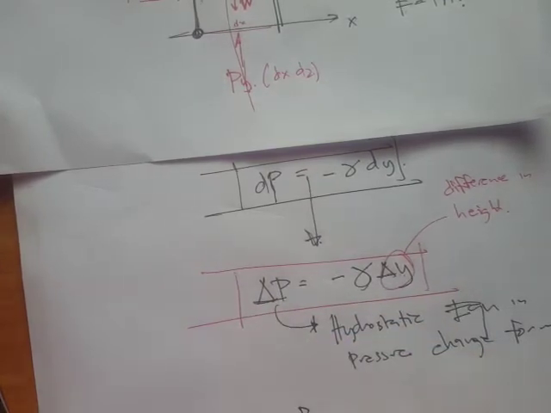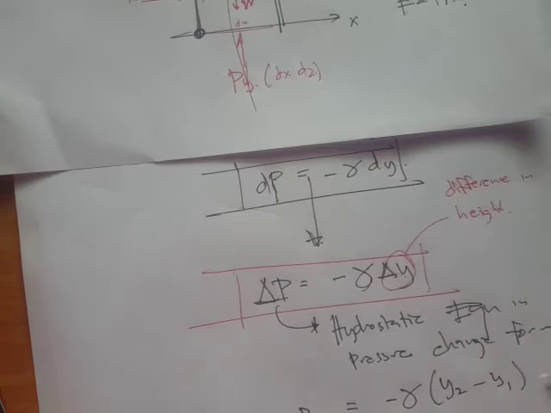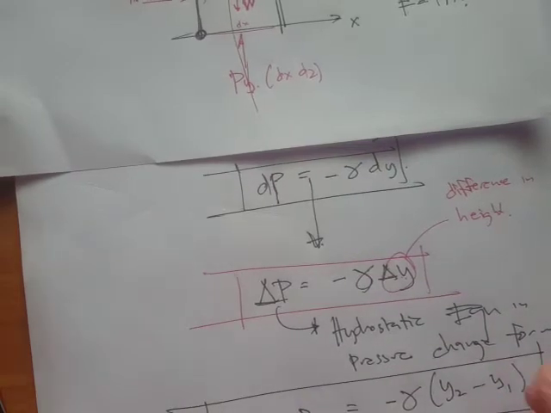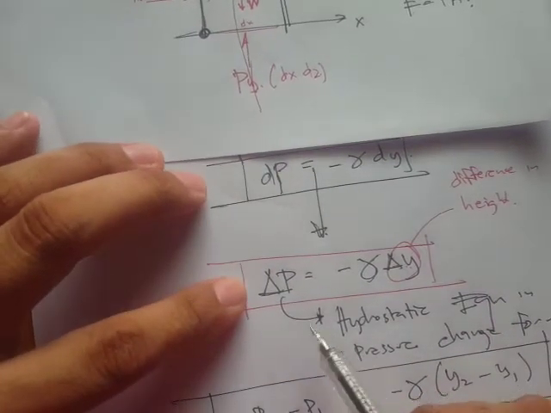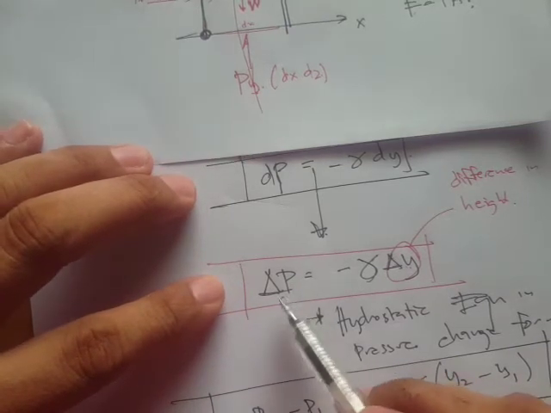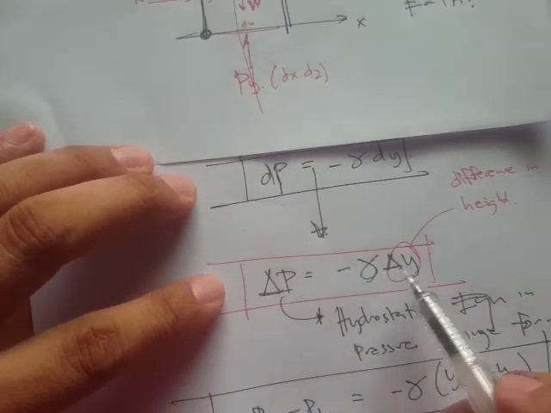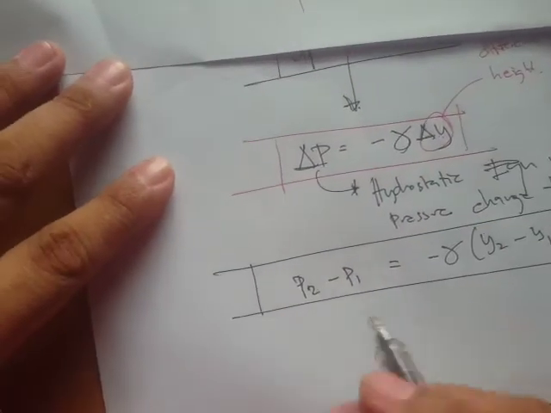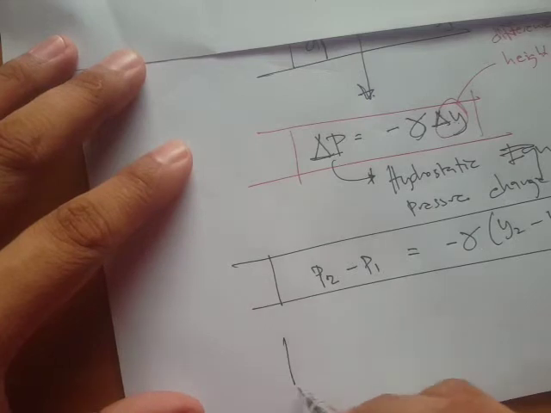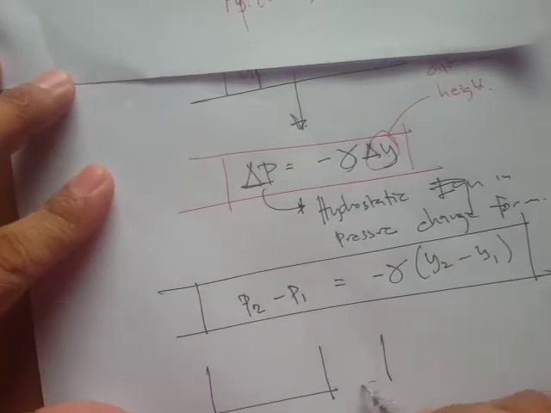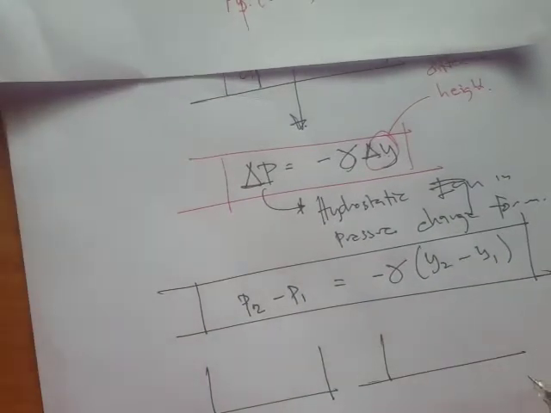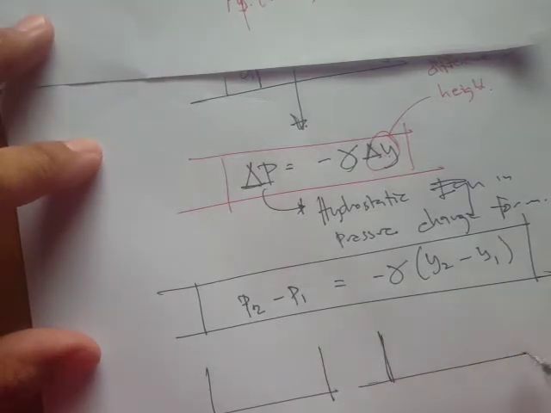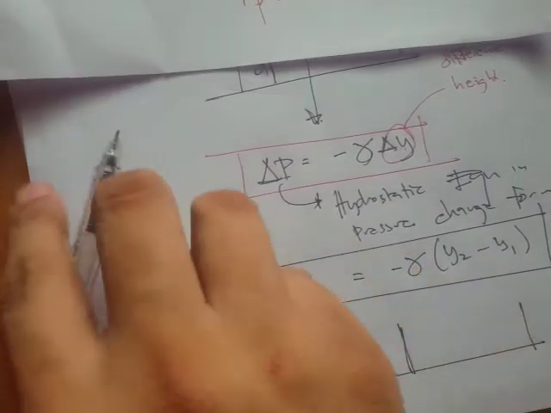It says here, let's break this down, p sub 2 minus p sub 1 is simply the height, which is y sub 2 minus y sub 1. So the change of pressure shows that pressure varies in the y direction. That's the reason why I've drawn earlier, in the application to storage tanks, that the pressure varies.